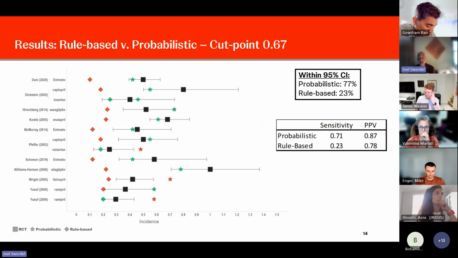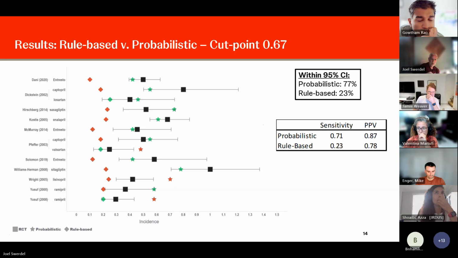If they agree that they don't have it, it's not a case. If they don't agree, one says a case, one says not a case, then they sometimes, usually, bring in a third clinician, and that's the deciding one. So that's why I think that 0.67 is not an unreasonable number to use, because that's what's been done in traditional validation studies.